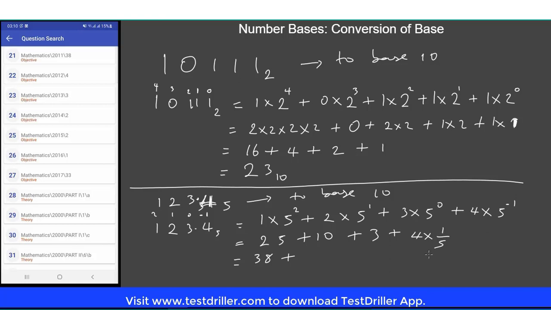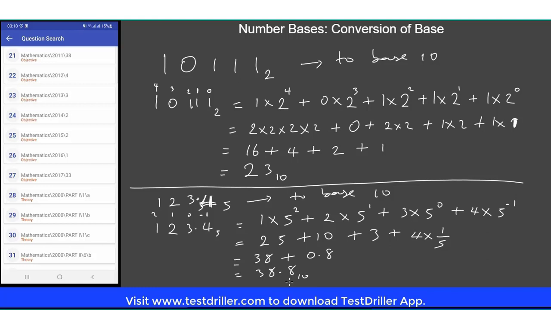So 4 over 5 will give you 0.8. Use your calculator, that will give you 0.8. Then if you add everything up, you're going to get 38.8 in base 10. So this is how you convert from other base to a number in base 10.